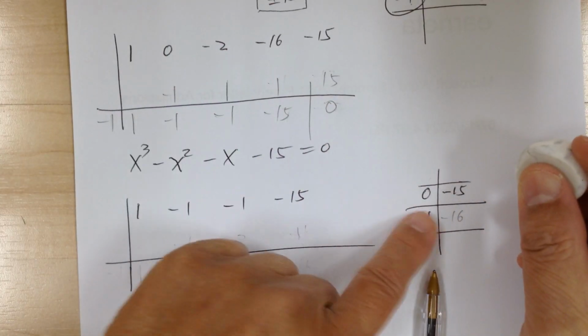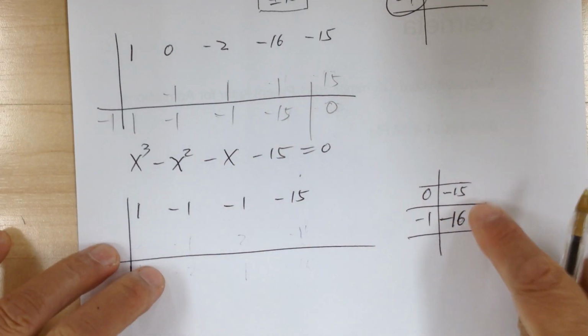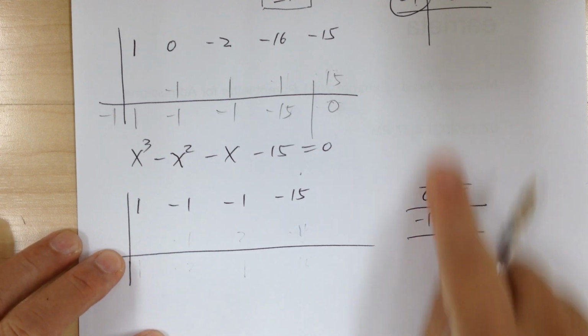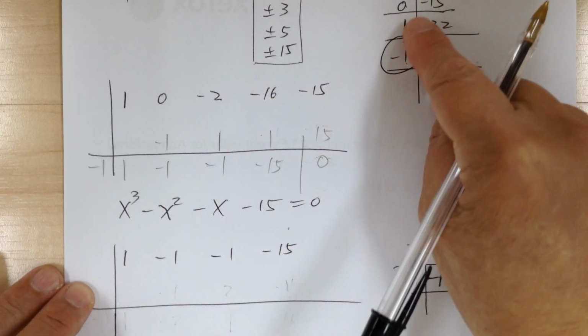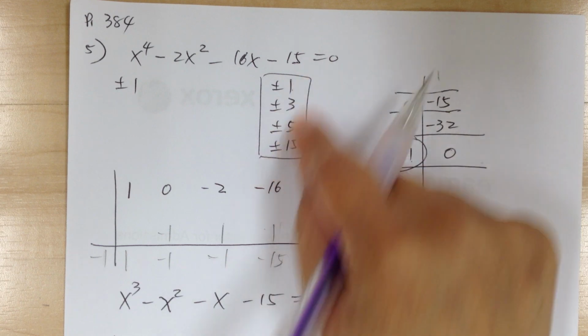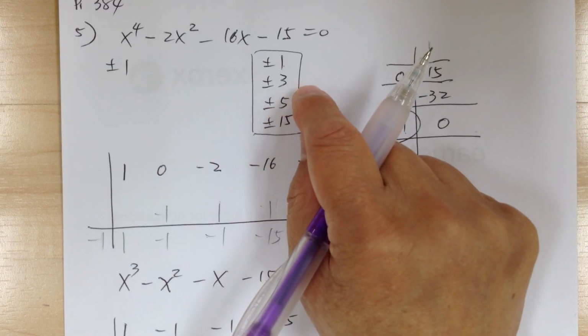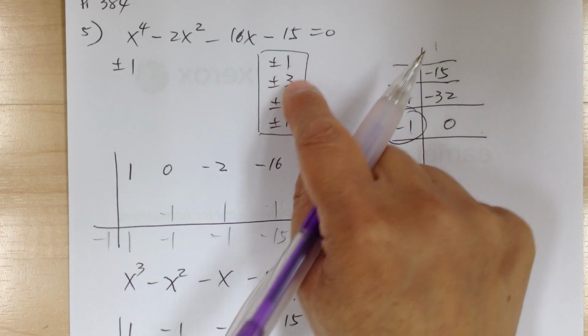Again, this tells you you're going the wrong direction, so you have to go the opposite direction. But we already tried 1, and 1 does not work, so that means we have to try 3. Now, do you want to try 2? No. You don't try anything that is not on the list. So don't try 2 because it's not on the list. After 1, the next number is 3.